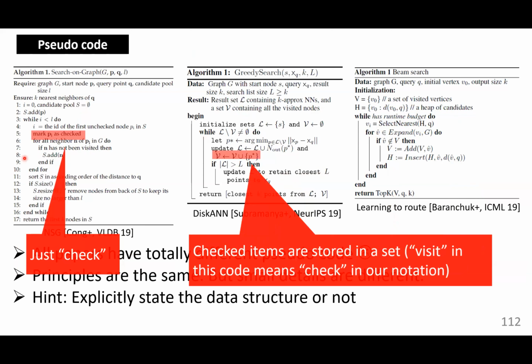And like checking stuff. In this paper, they just say check. But here, the checking process is represented by a set, so it's different. And visit in this code means check in our notation. So the notation is different for each paper, and check, visit, or something like that is very similar, so you will be confused.